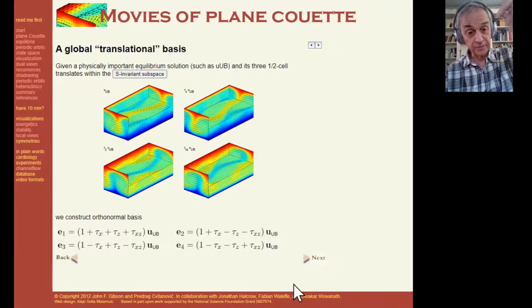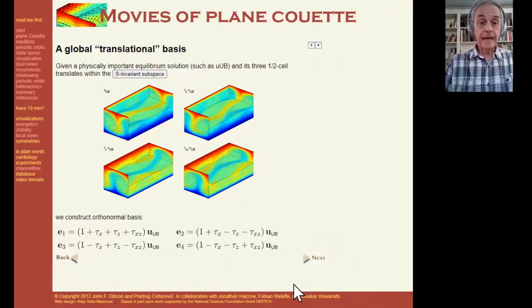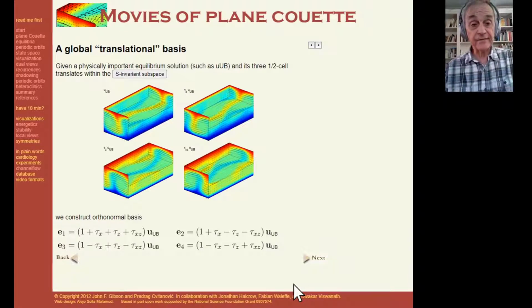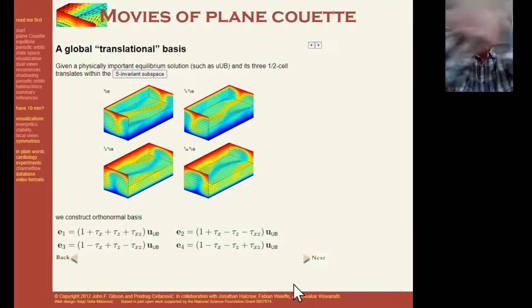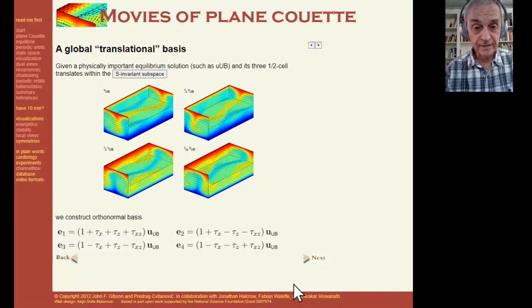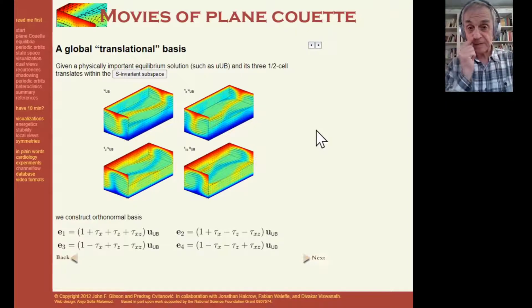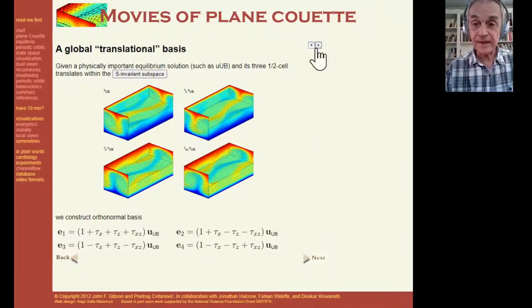They are 62,000 dimensional vectors, which are orthogonal to each other, and so they are very far apart from each other. They point in totally different directions, but they have been constructed from the solution of the system. So we have a right to hope that they will span the important part of the state space. And when we look at these 4 dimensions as opposed to 62,000 dimensions, maybe we'll see something.